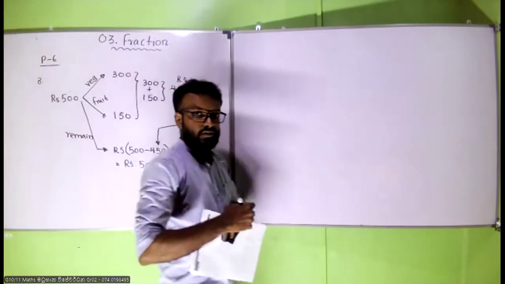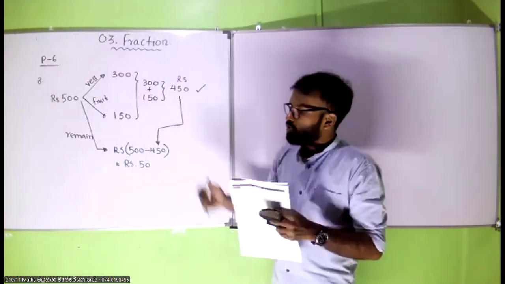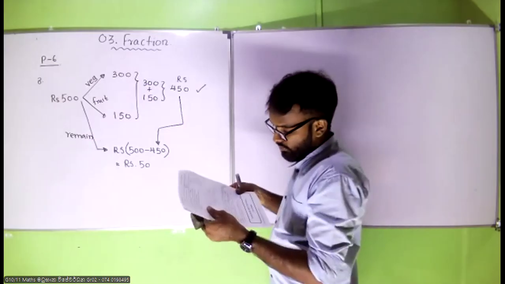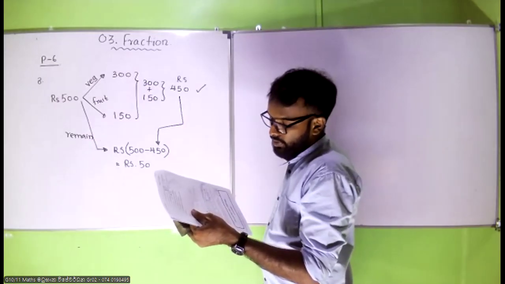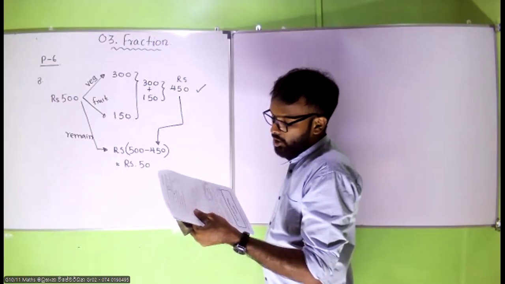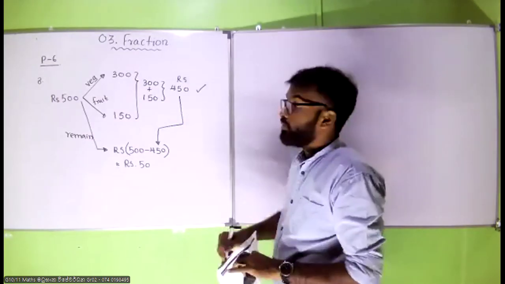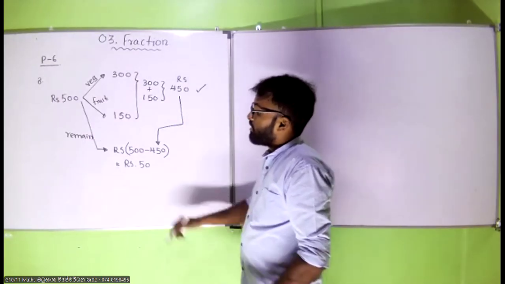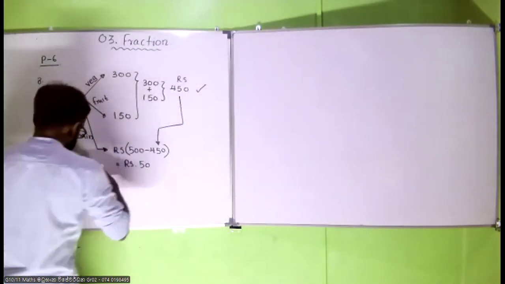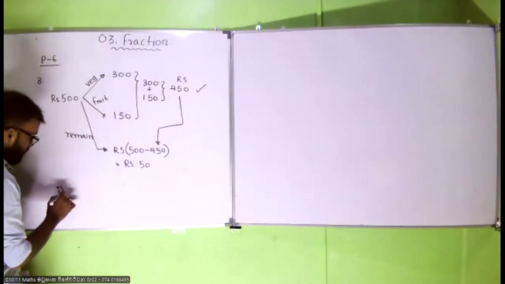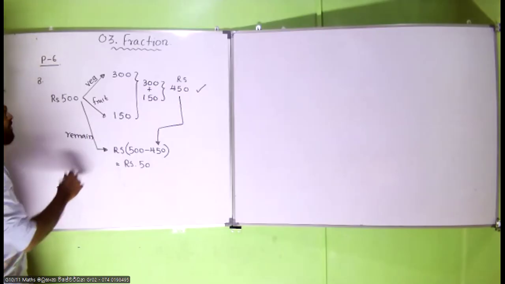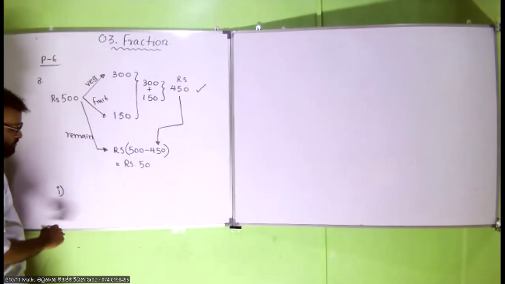Now shall we answer? This is the story. So first, what fraction of the money in hand did she spend on vegetables? The fraction spent for vegetable.